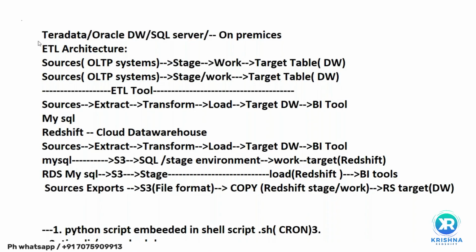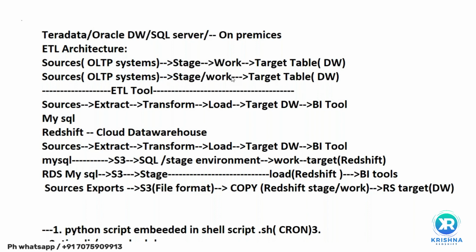So in any data warehouse, your source will be some database or some flat file or something like MySQL, RDS, Postgres, whatever it may be, and you will extract the data into stage, and stage to work and work to target. Or sometimes people will not have stage and work separately. They will have stage and work the same. While directly loading into target only, they will apply all the business rules.